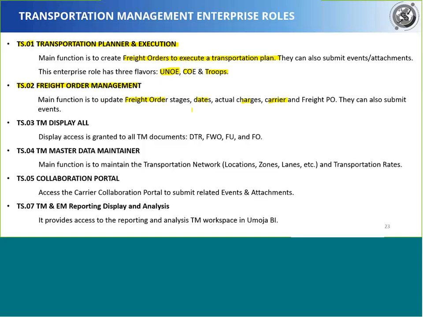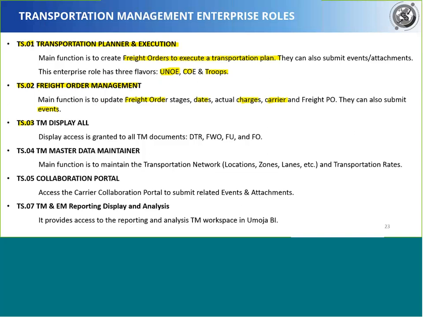So remember that as we said in the end-to-end process, after the freight forwarder has been awarded, we still need to go to TM to update the route, dates, charges, carriers. So that's the role that has been designed for that purpose. This role also grants access to TM to submit events and attachments, and to see all the different events submitted by the external partners.